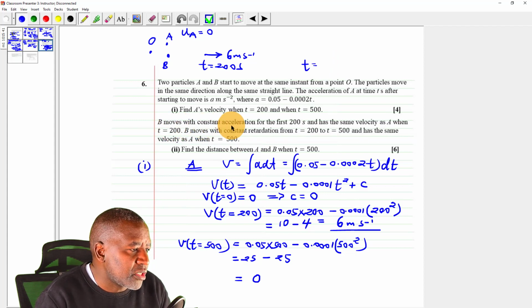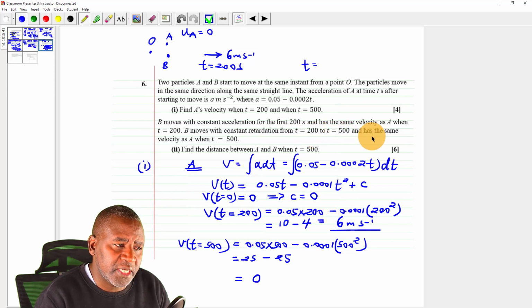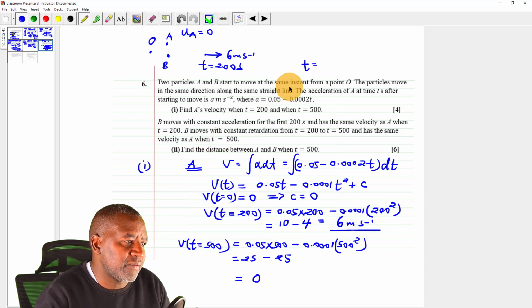B moves with a constant retardation from 200 to 500 seconds, that is for the next 300 seconds, and has the same velocity as A when t is 500.